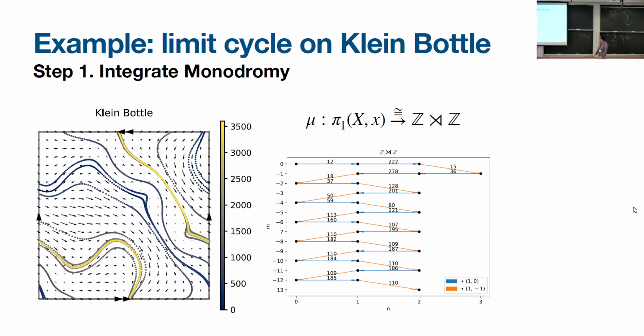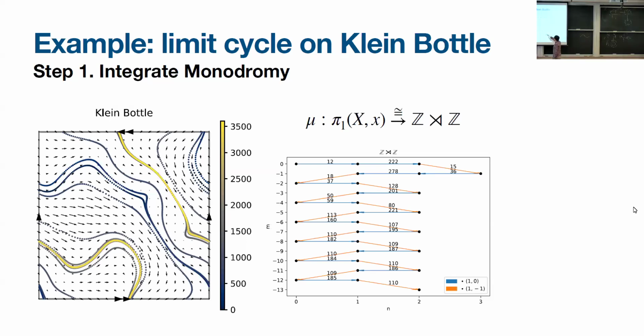So just a demonstration. Here is my sample path again, and this is my monodromy integrated. What is the fundamental group of the Klein bottle? That is a group of loops. It is the semi-direct product of two integers, so I could represent each group element as a pair of integers. That's what I'm plotting here.